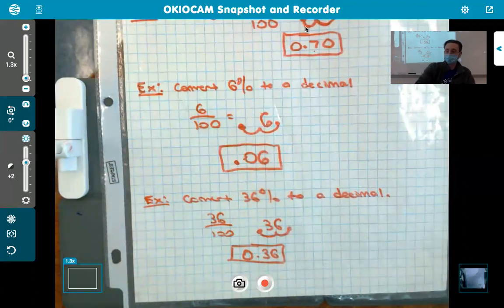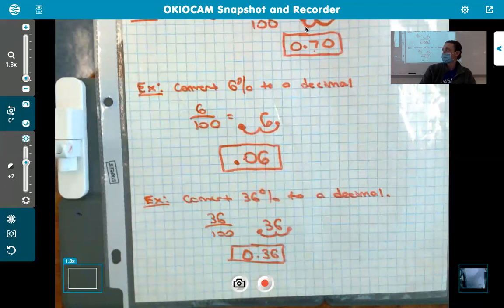Okay. I have a question for you guys. What if you forget which way to move the decimal point? Is there another way you can figure it out? Okay, well, I hear what you're saying, but you guys have to remember to move it the correct direction, but what if you forget?